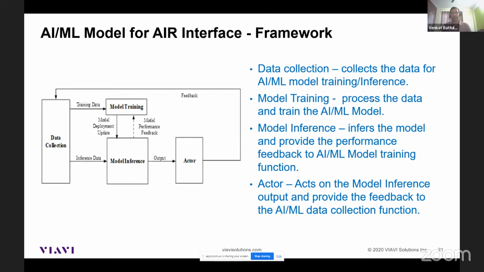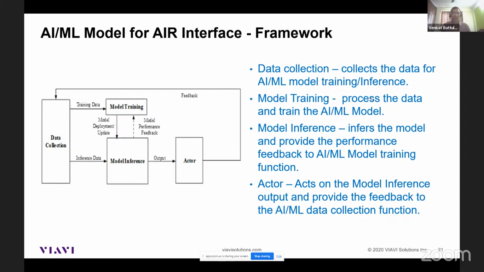Okay, so this is the 3GPP baseline framework. You have a data collection agent which collects all this complex data from the wireless system, from the user equipment, from the objects, and provides the inference data to the model, and the model is analyzing all this and giving actions to the wireless communication system.